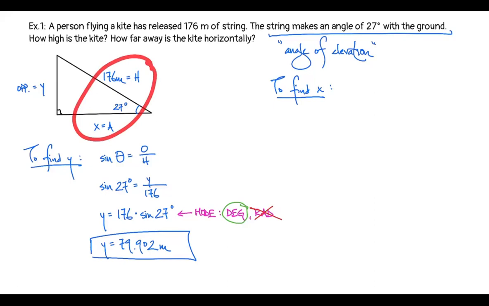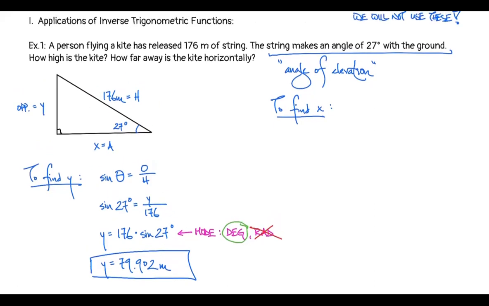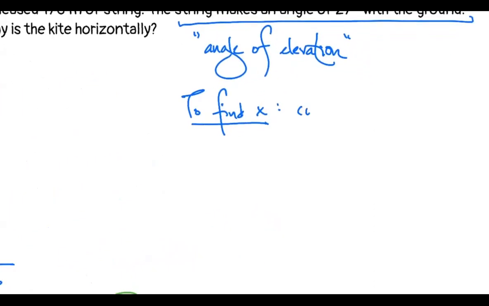Perfect. I see A and H. So cosine would be a wonderful guess. Okay. And we can fill in the values that we have. Cosine of 27 degrees equals x over 176, right?